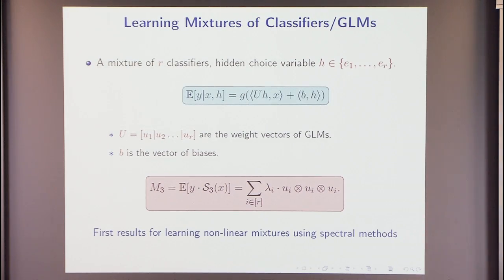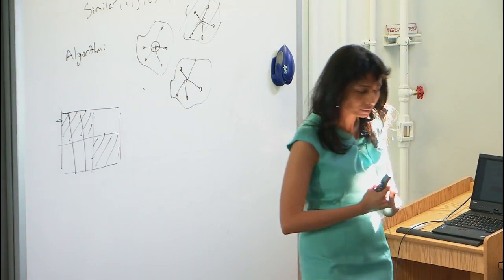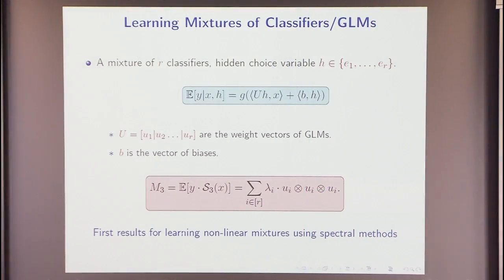So let's revisit the mixture of classifiers model. Here we posit that the label is generated as a mixture of different classifiers. G is some nonlinear function, and H is selecting one of the classifiers. What we show is that if we construct the score functions of the input, and then construct these moments between the label and these score functions, we can find a decomposition of such a moment.